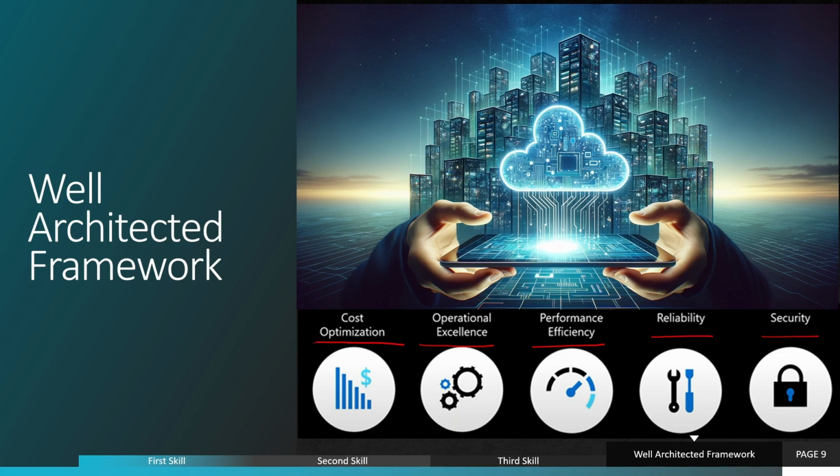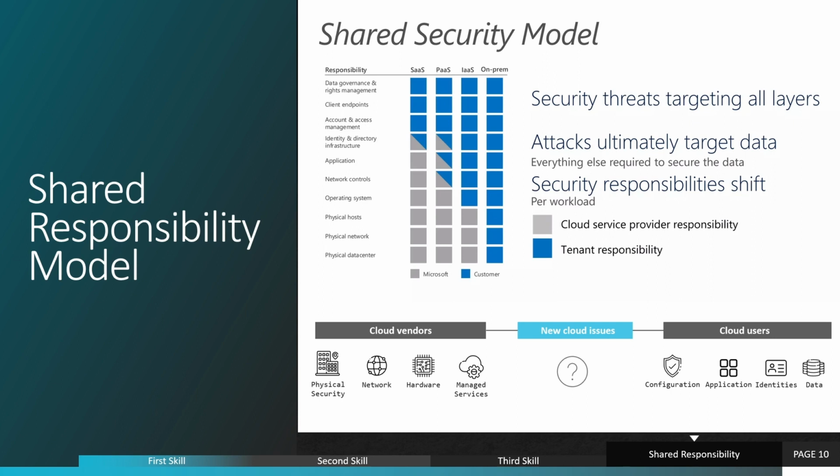So as we begin to wrap up, we'll be moving on to the shared security model, and we'll talk about the shared responsibility model. So, cloud security requires the joint effort of both the cloud service provider and, of course, the cloud customer. Now, in this case, the cloud service provider will be Microsoft, and, of course, the cloud customer is anyone that uses Microsoft technologies.